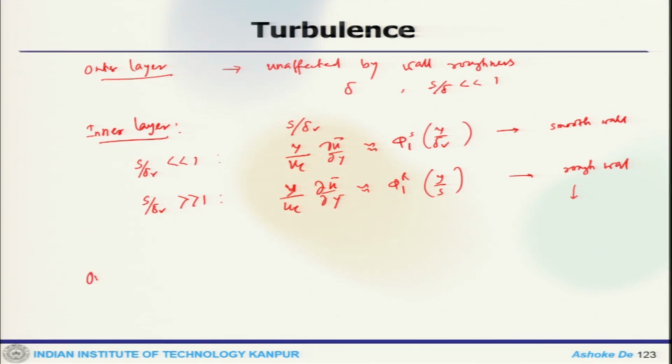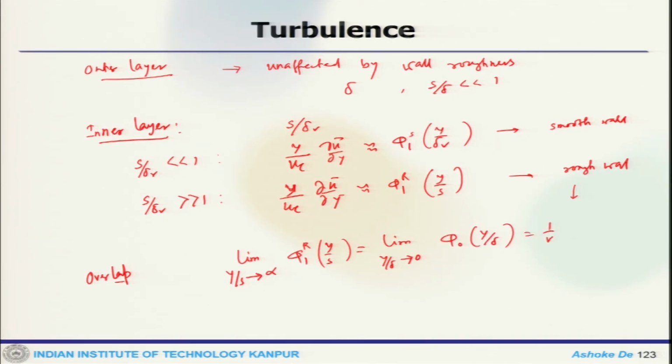Now, in the overlap region of a rough wall, one can write, in the limit that y by delta tends to 0, phi_1 of y by s becomes 1 by kappa.